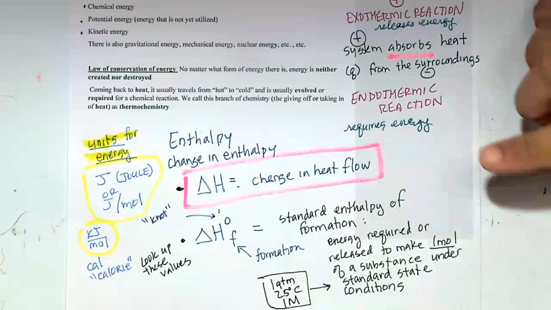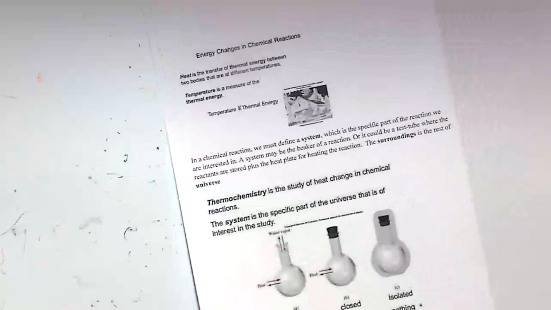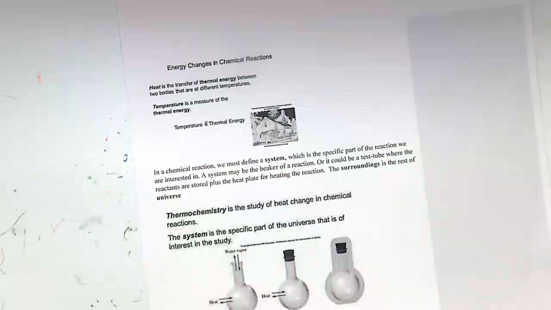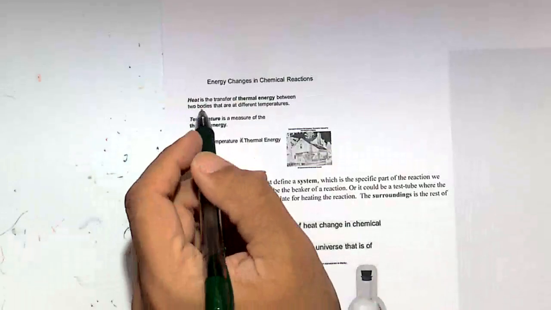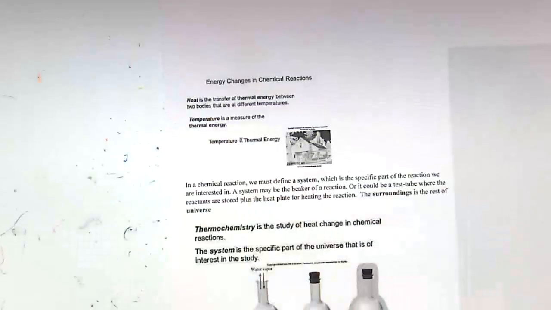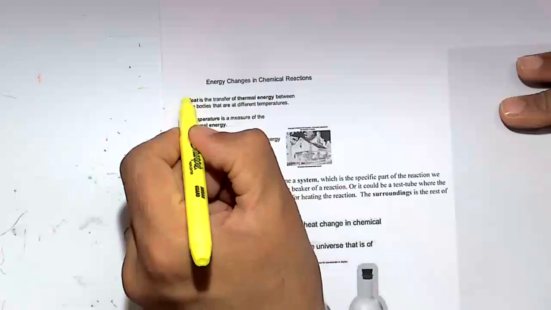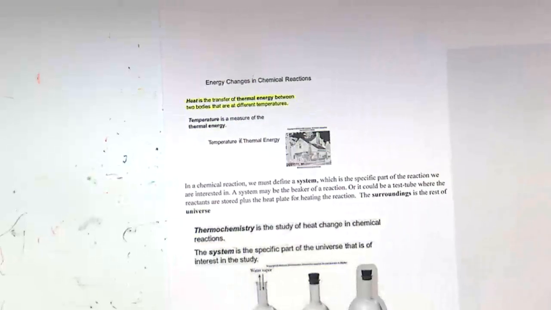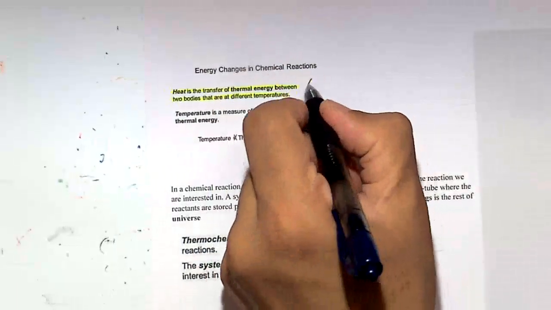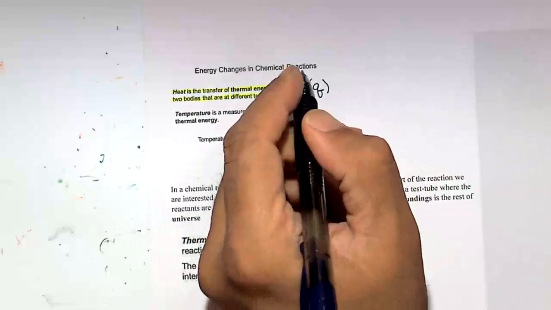So now let's go on to page 2. You can look at this definition here. Heat is the transfer of thermal energy between two bodies that are at different temperatures. Once again, it's given the term q, lowercase q.